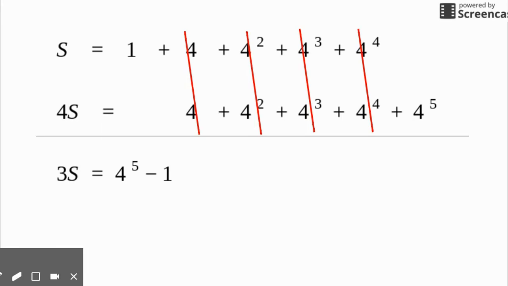We then subtract the first equation from the second equation to get 3 times the sum is equal to 4 to the 5th minus 1. Notice that conveniently, all of the middle terms cancel out. We can then divide both sides of the equation by 3 and find that the sum has the value of 341.